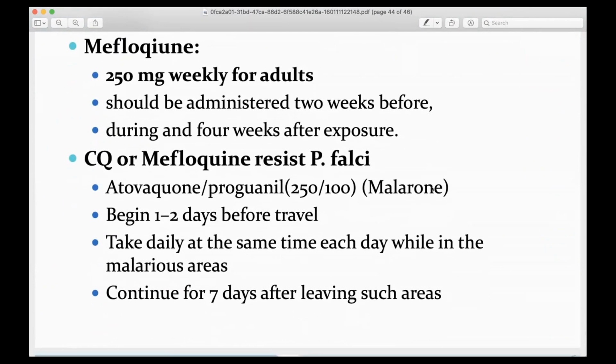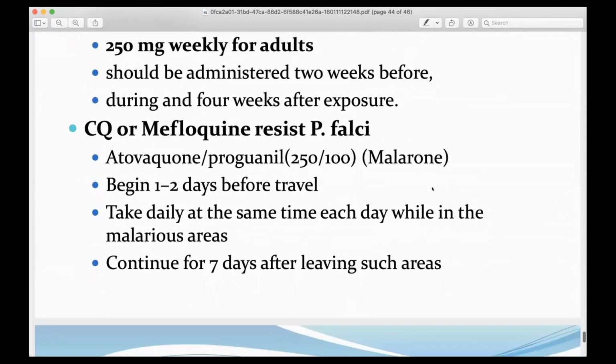In chloroquine and mefloquine resistant Plasmodium falciparum cases, if it is an endemic area and chloroquine and mefloquine resistant cases are found, then better go for prophylaxis with atovaquone-proguanil according to the dose, and take it daily at the same time each day while in the malarial area, continuing for 7 days after leaving such an area.